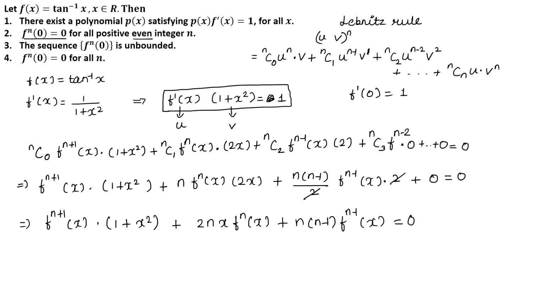Now, in the second, third and fourth options, we are interested in f_n(0), right? We are interested in f_n(0). So let x equal 0.